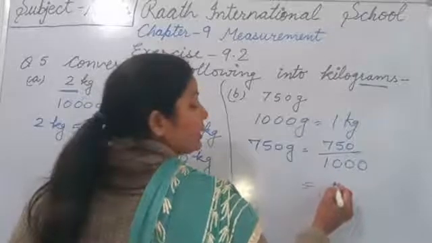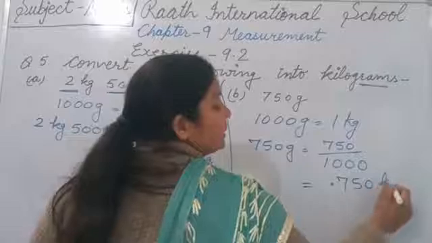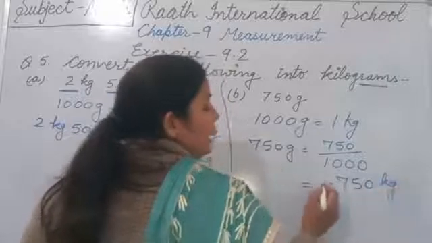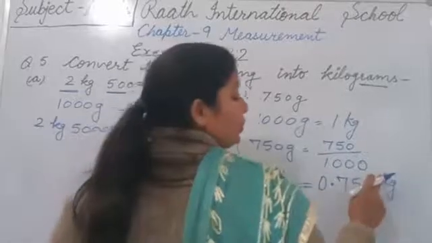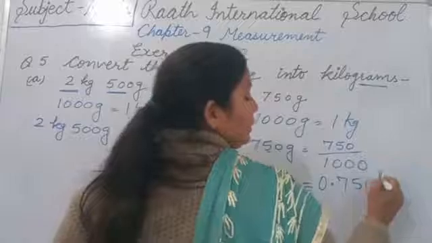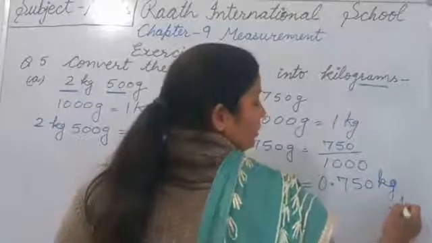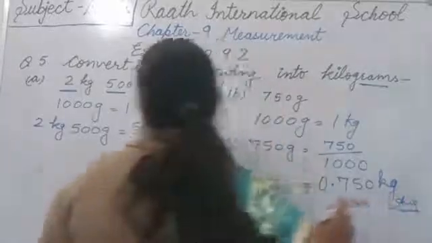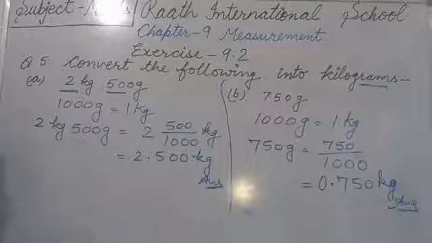Before 7 we have decimal. 750 kg. And before this there is no digit, so we can make here 0. So 0.750 kg. Okay, that's your answer. So like this we have to do our question number 5. C and D part you will do yourself.